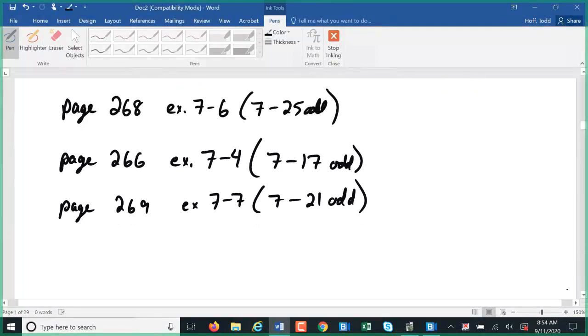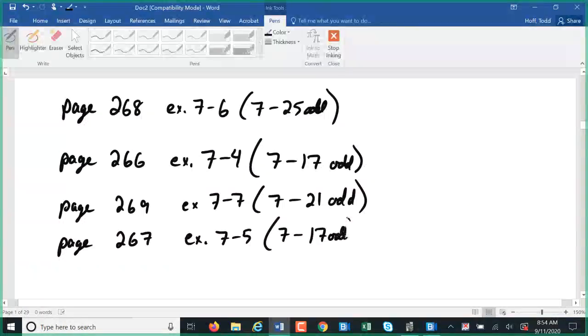I apologize for these pages being kind of a jumbled order here. Page 267, exercise 7-5, 7 through 17, the odd. I didn't write the pages down in the order they appeared in the book. I wrote them down in the order that I was discussing them today, so sorry about that.